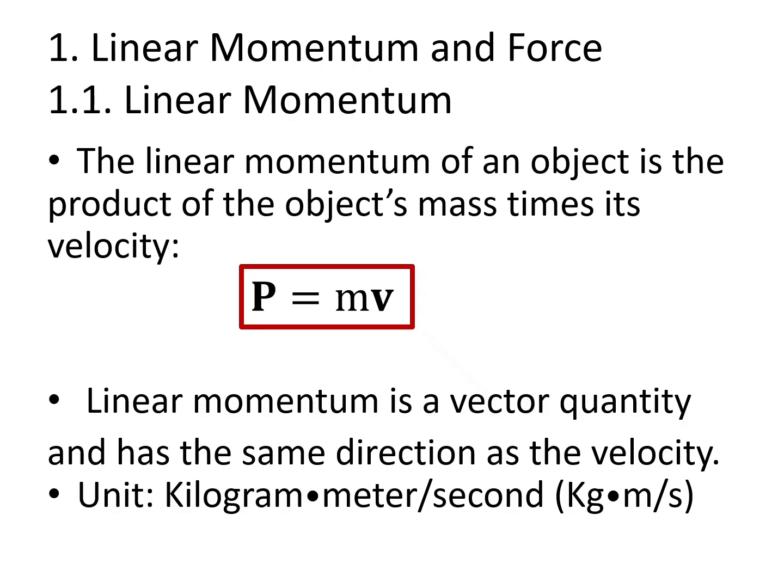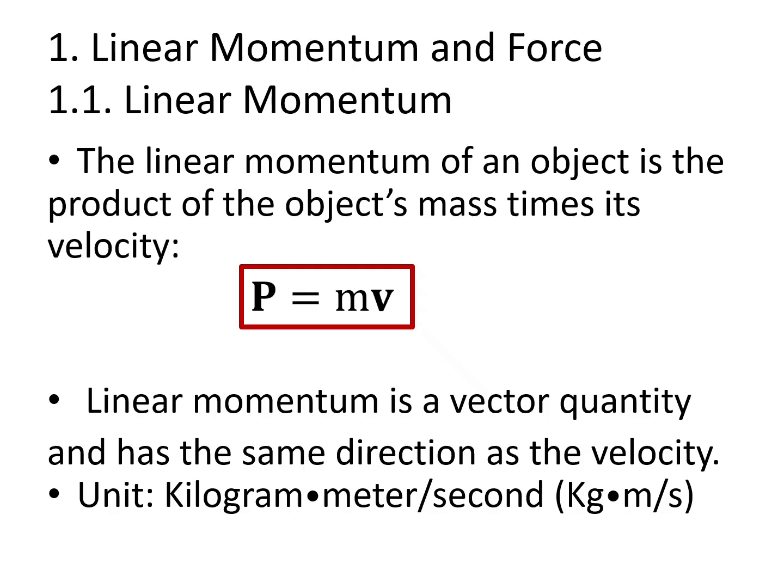So, if an object has a large mass, a large velocity, or both, it can have a large momentum. This is why a slow moving truck can still be very hard to stop. Its speed may not be extremely high, but its mass is very large.